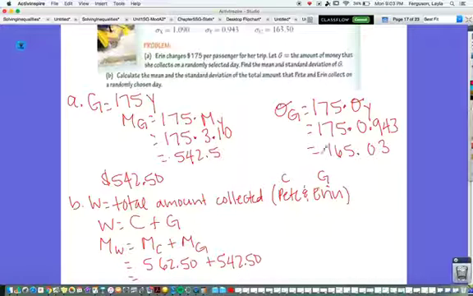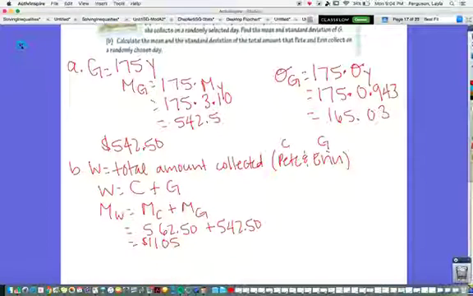Added together, we get 1,105. So together they could expect to collect about $1,105 per day.